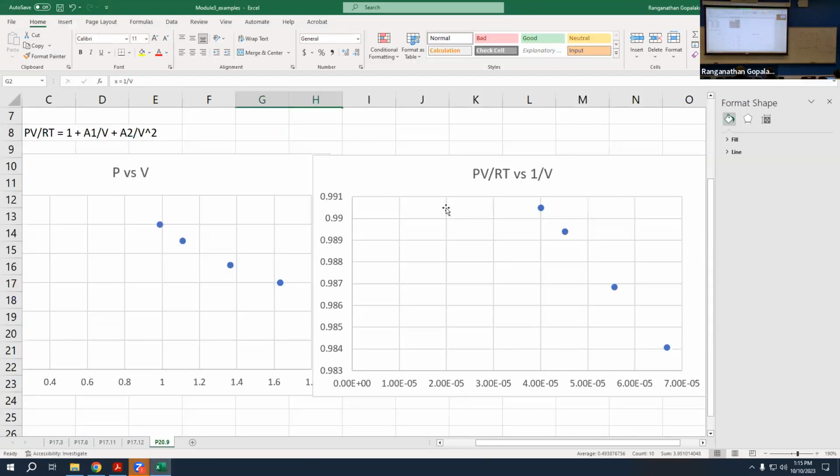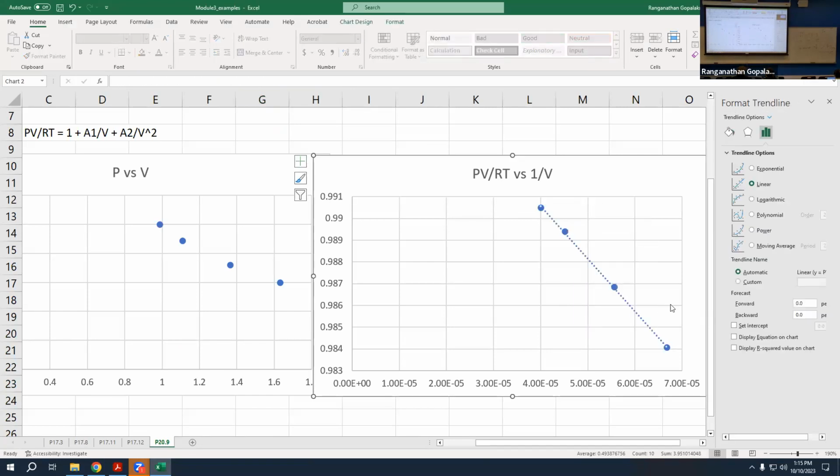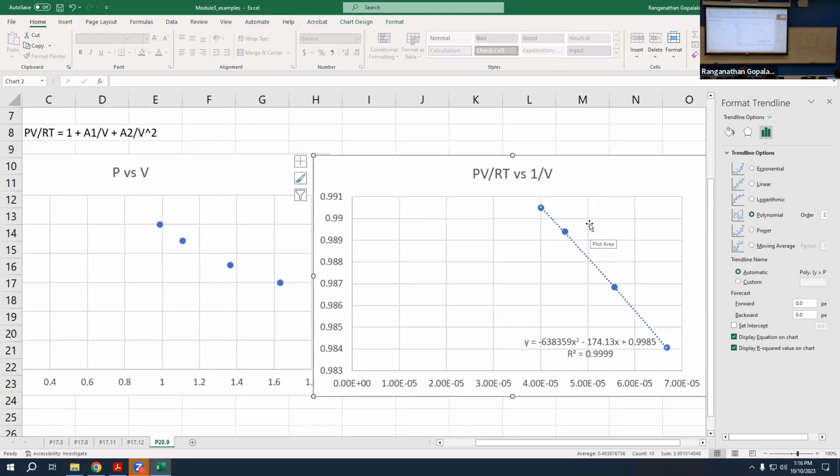So now you can right click here and say add trend line, and a linear trend looks good. I don't see a problem with that. But if you go for a polynomial fit, it's even better. So you have 4 data points. If you fit a quadratic curve, how many degrees of freedom are you left with?